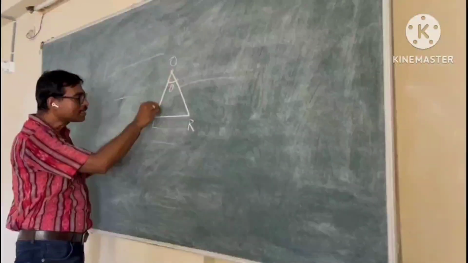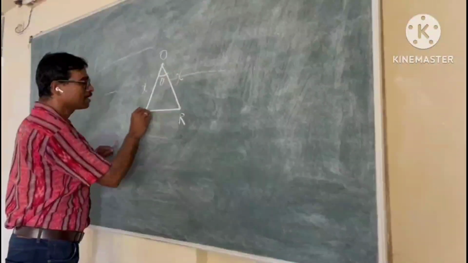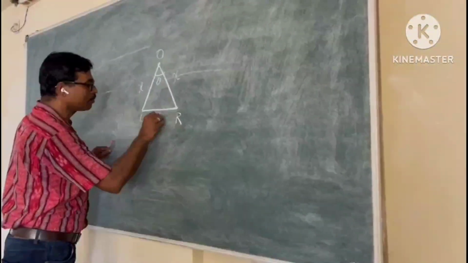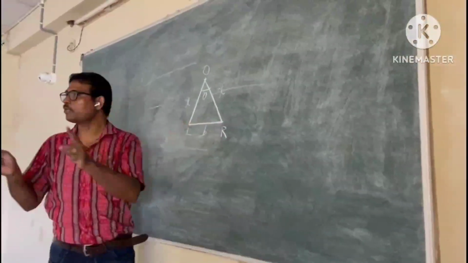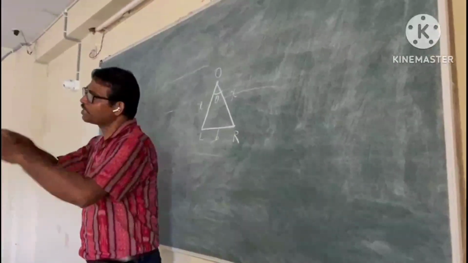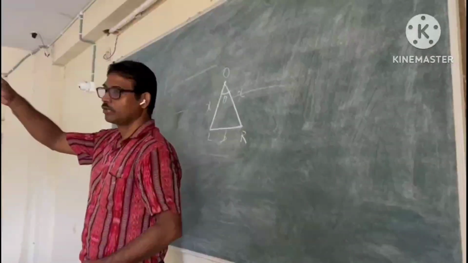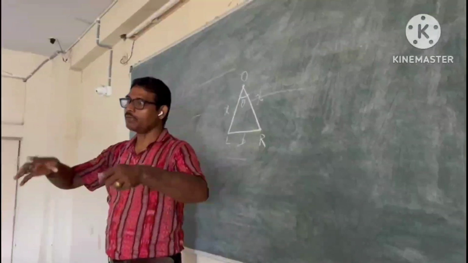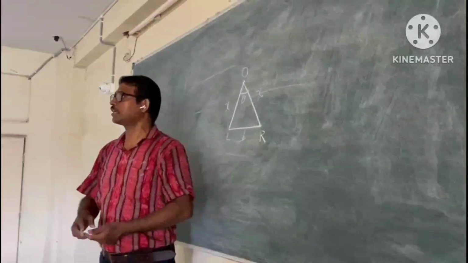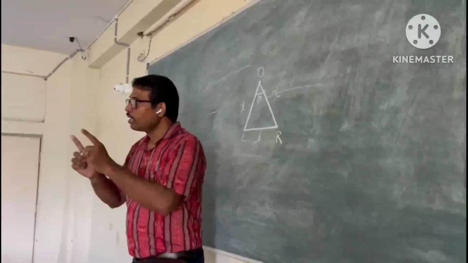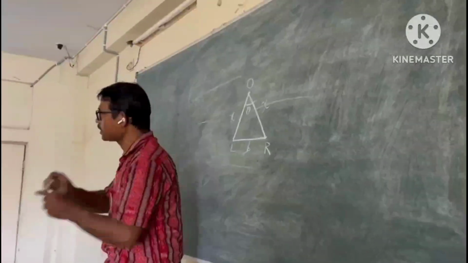This distance suppose is x, and this distance also x. Suppose you take the base as b. Now the distance between 2 points of observation is known as basis. I have already taught that in the indirect method. One video is there, but I am taking this parallax method particularly for your better understanding. The distance between 2 points of observation is known as basis.